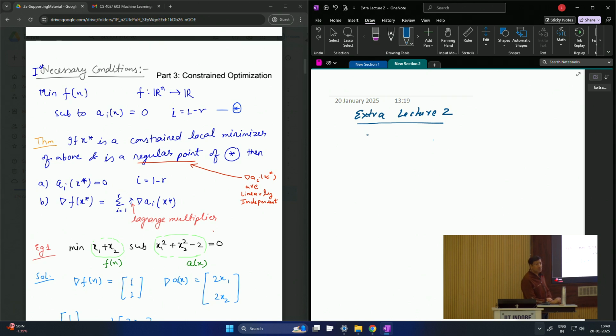What was the sufficiency condition? Hessian is positive definite, right? Gradient 0 and Hessian positive definite implies it's a strong local minimizer, which comes from the case of f going from 1 to 1, f prime equal to 0, f double prime greater than 0. In the case of a multivariable f, having multiple dimensions in the domain and a single dimension in the range, it becomes gradient and Hessian, right?